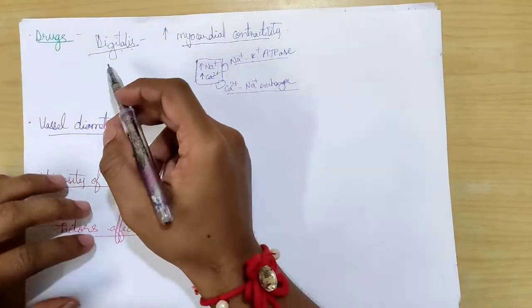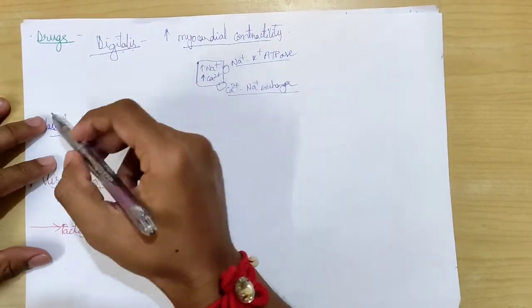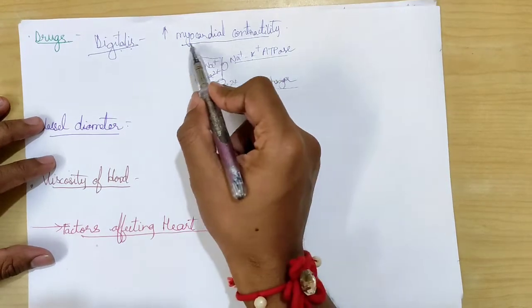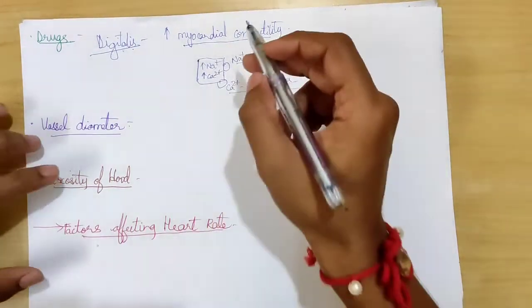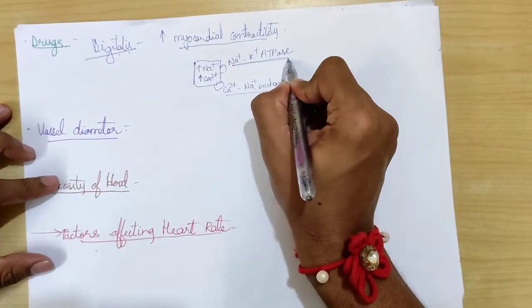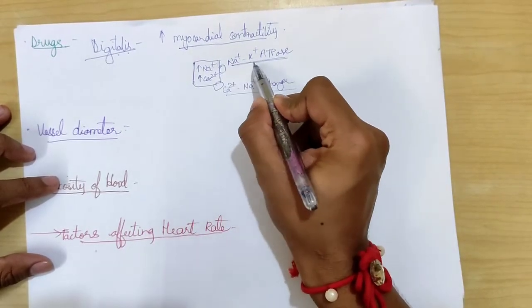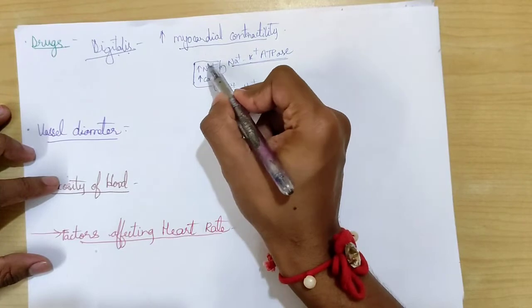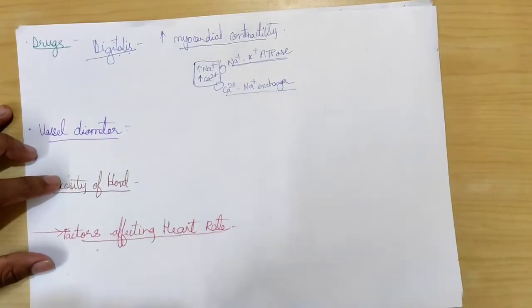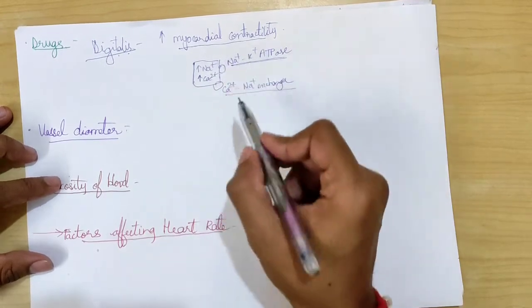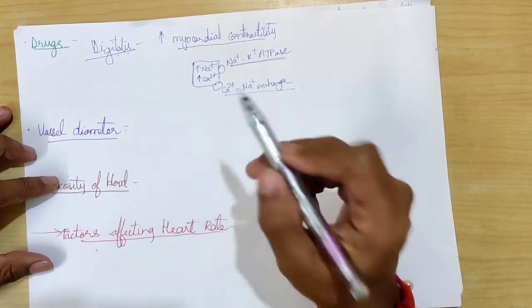The other factor which affects the myocardial contractility is drugs. Under that, the famous drug is digitalis, which increases the myocardial contractility. It acts by decreasing the Na+ K+ ATPase activity. Due to the decrease of the Na+ K+ ATPase activity, the sodium will increase in the myocardial cell. Due to the accumulation of sodium in the myocardial cell, the calcium sodium exchanger cannot work.